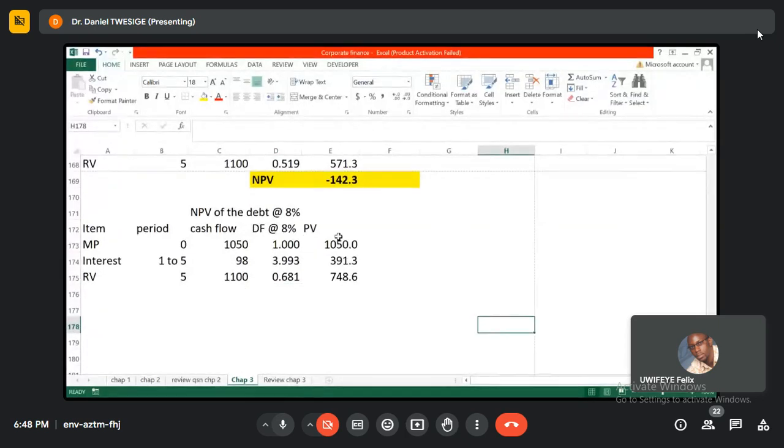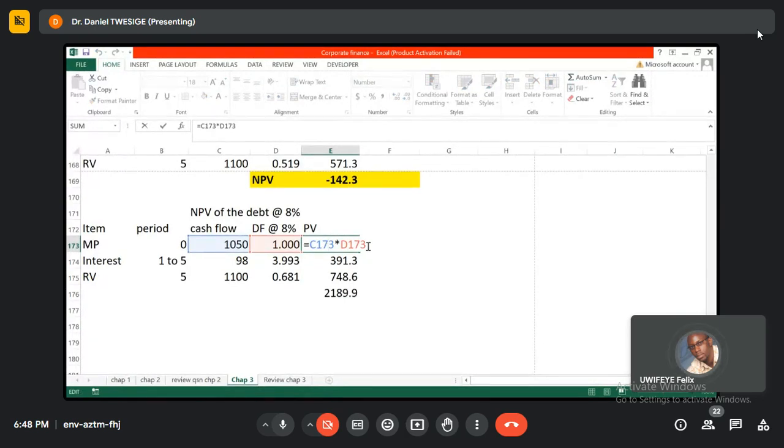So what do I get here as NPV? In this case, it didn't carry the minus. Why is the minus missing? See, it is not coming with the minus.